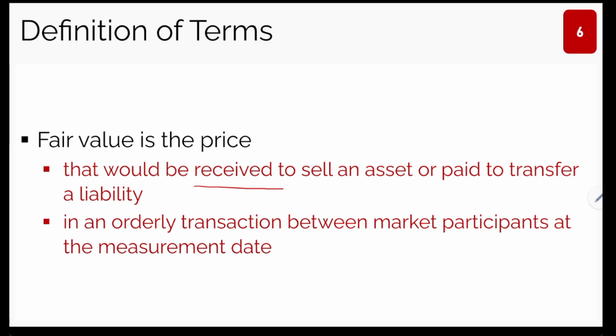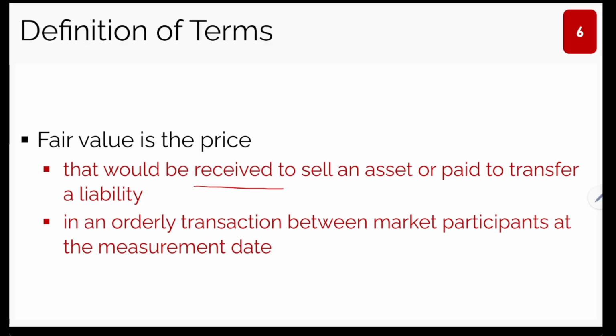In an orderly transaction, that means in a very orderly transaction, no information asymmetry, the buyers and the sellers are clearly identified between market participants, and the market participants, of course, are the buyers and the seller, and then, of course, the measurement date. The measurement date speaks to a period, right? Because the fair value of an asset can change over a period.